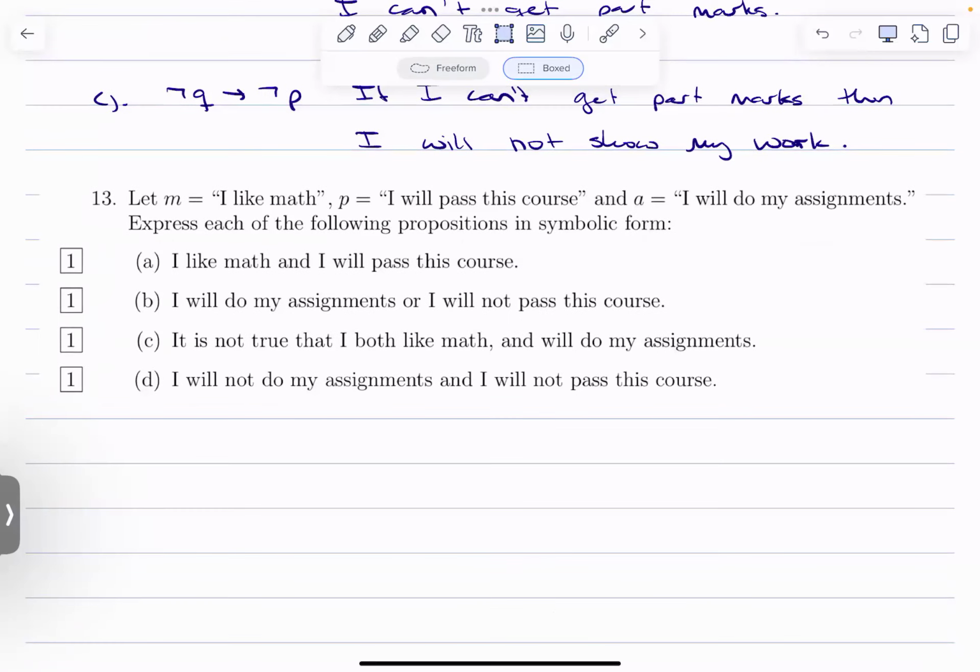Let M be, I like math. Let P be, I will pass this course, and let A be, I will do my assignments. Express each of the following propositions in symbolic form.